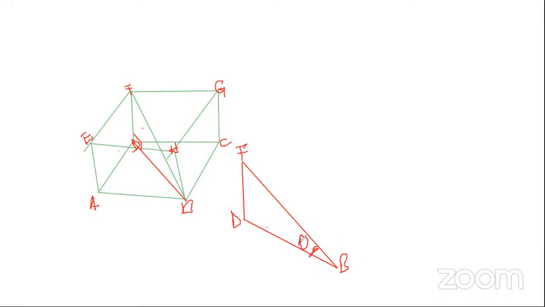We can call it angle theta. Then this is at 90 degrees. Remember, this side will be given, so our duty would be to find side DB from this. This one will also be meeting at 90 degrees.